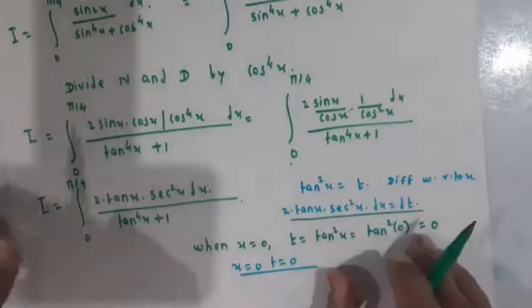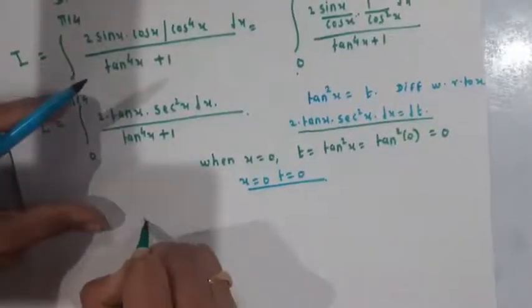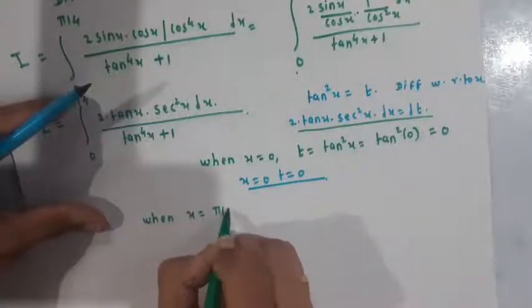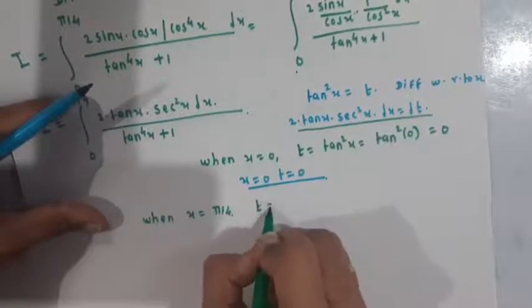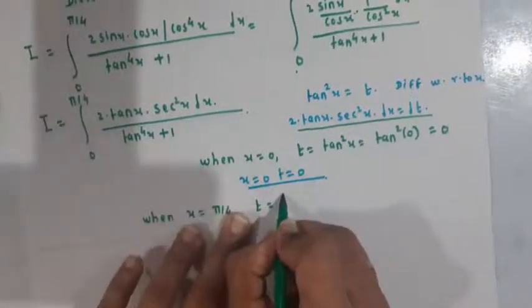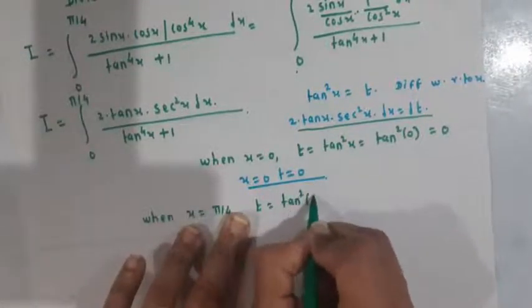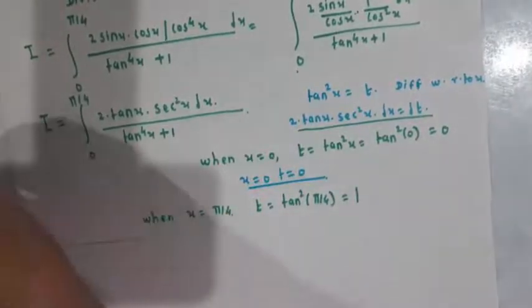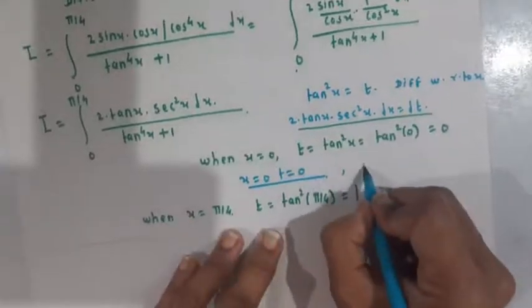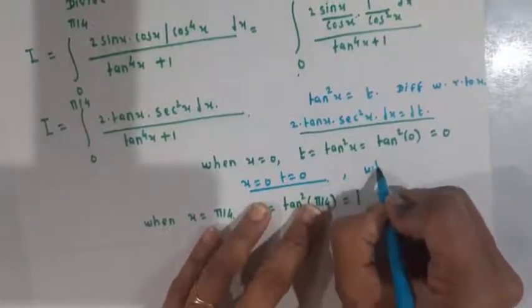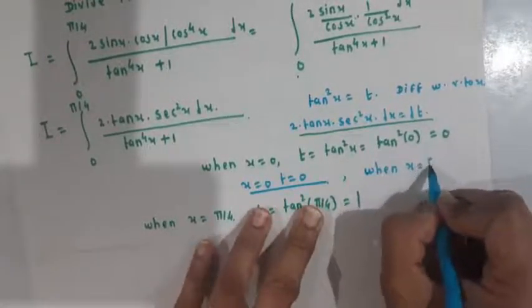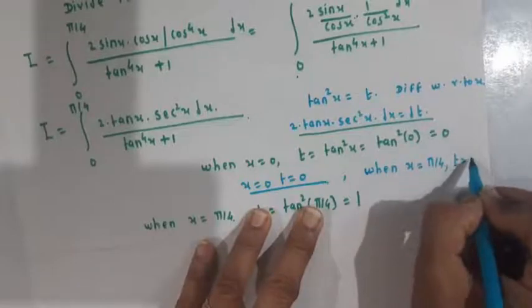And when x equal to pi by 4, t equal to tan^2 of pi by 4, and that is 1, since tan pi by 4 is 1. Therefore when x equal to pi by 4, t equal to 1.